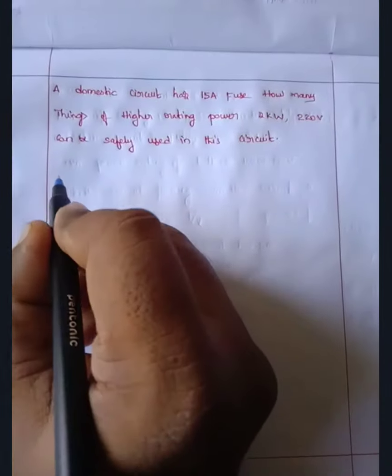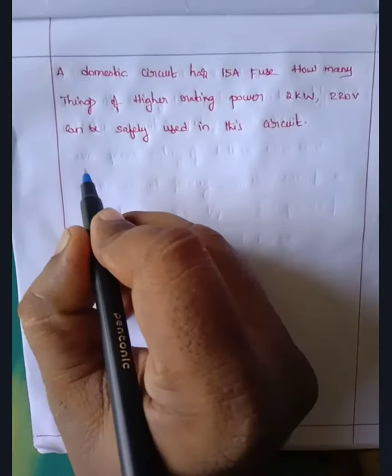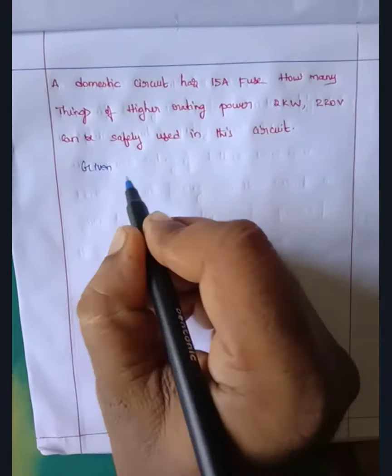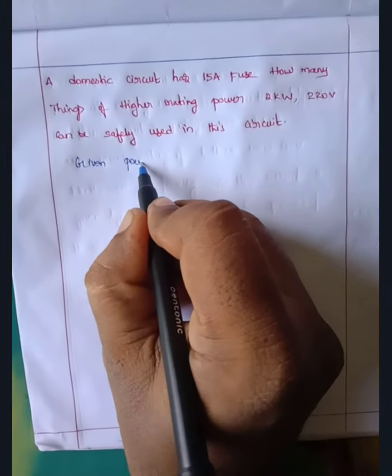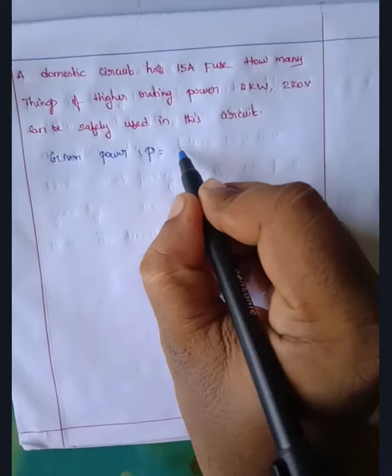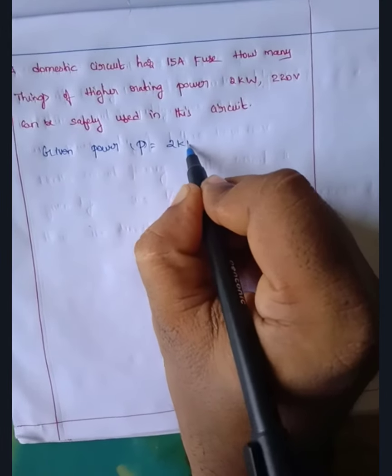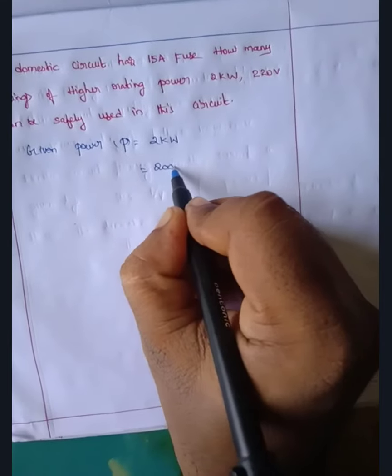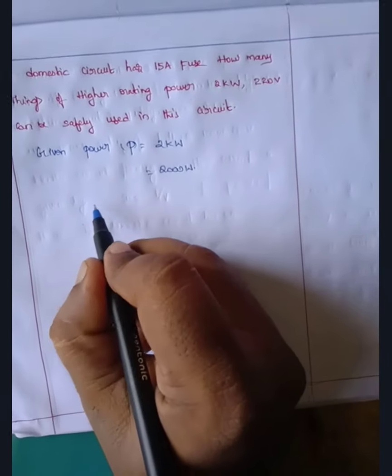Let us see. Given power P is equal to 2 kW, that means 2000 watts.